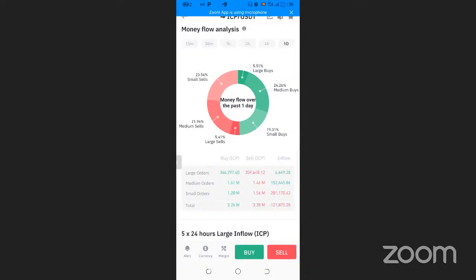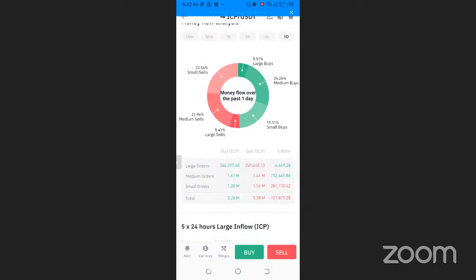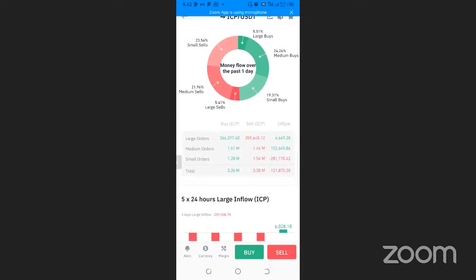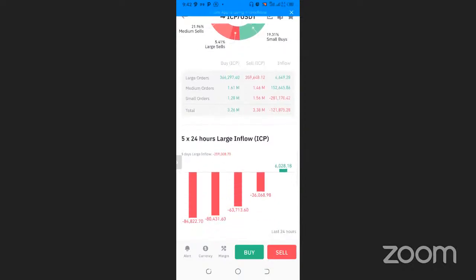Middle class, the buyer order is 1.6, while the seller order is 1.4, and we are also on profit. But in the middle order, we have 1.2, while the seller is 1.5, and that means in total we are having a total of 3.38 sales at the moment, and we have a total loss.